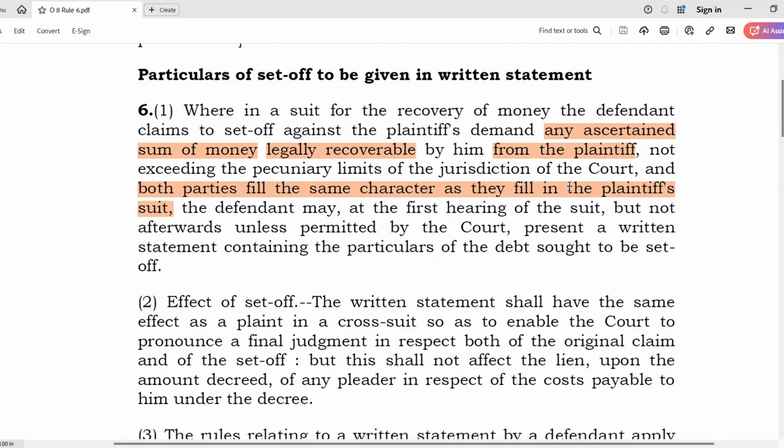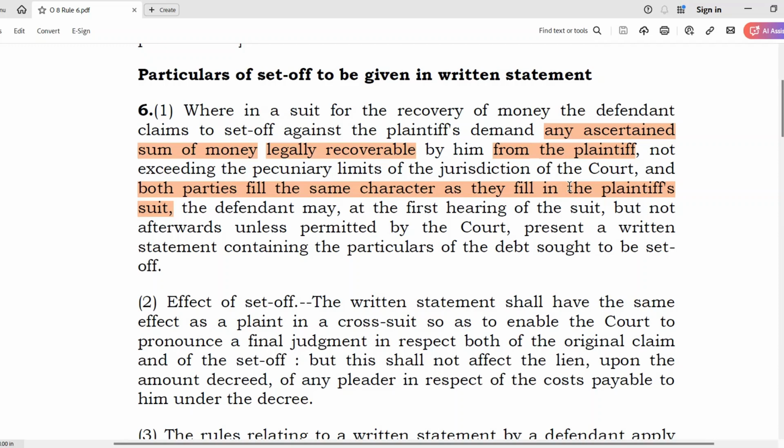It can't be an unknown amount and just a claim. It should be a clear, ascertained sum of money which the defendant is pressing as a set off, and it should be legally recoverable from the plaintiff, not any other person claiming through the plaintiff, but from the plaintiff.